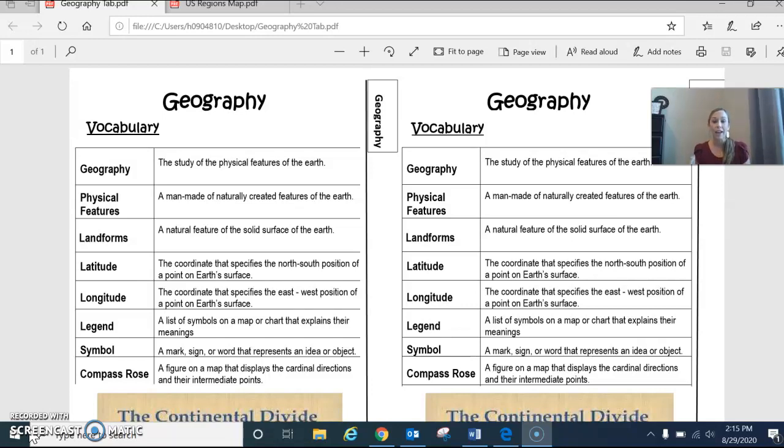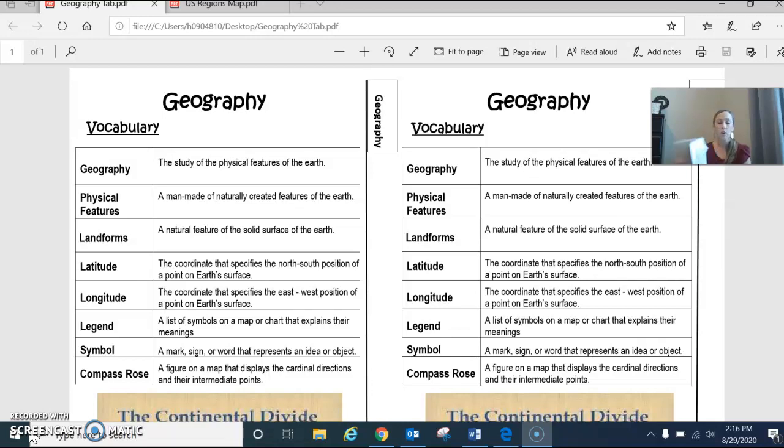It's actually a page that has 2 pages on it, so you really only need one. If you're able to print this at home on your printer, that would be awesome. I printed it and I cut it out and I cut around the little tab that says geography. This is for you to glue into your social studies notebook.